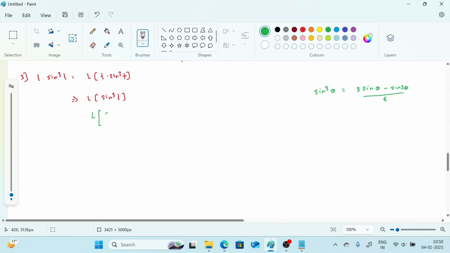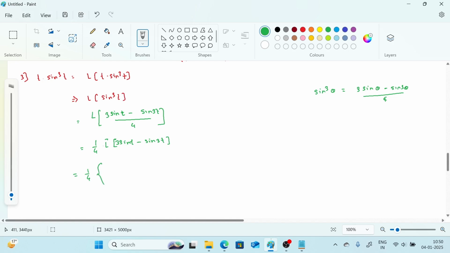Laplace of (3 sine t minus sine 3t) upon 4, right? I will take 1 by 4 as a constant outside. Laplace of 3 sine t minus sine 3t.